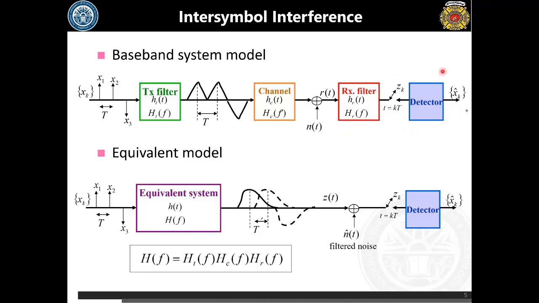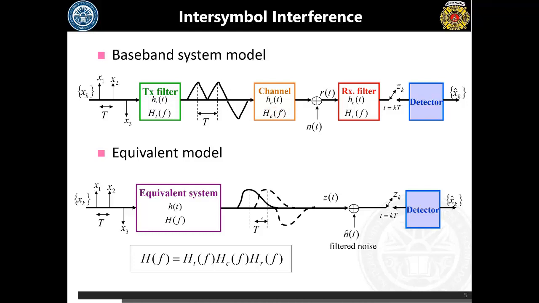For the complete end-to-end system, we encounter 3 kinds of filters. The first is the transmit filter, whose impulse response is h_T(t) and the corresponding transfer function is capital H_T. The second is the channel, because a wireless channel can be modeled as an LTI system in most cases, so the channel impulse response is h_c(t).